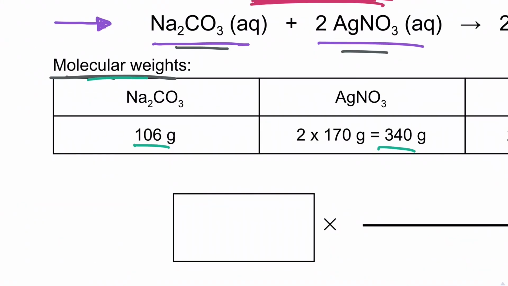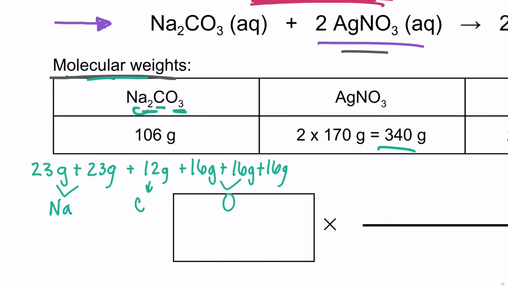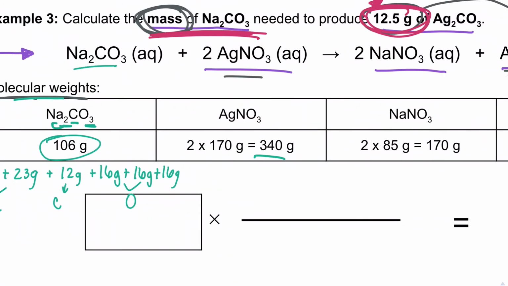The molecular weight is a representation of the total weight of the molecule. So in order to calculate that, we will add together 2 sodium atoms, 1 carbon, and 3 oxygen. And if we add those all together, you get 106. That was done for each of the molecules in the reaction. And wherever there's a coefficient, that total weight must be multiplied by the coefficient.